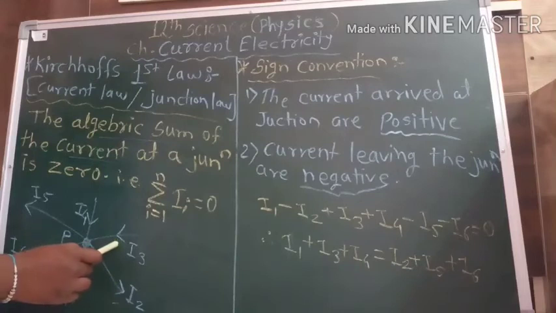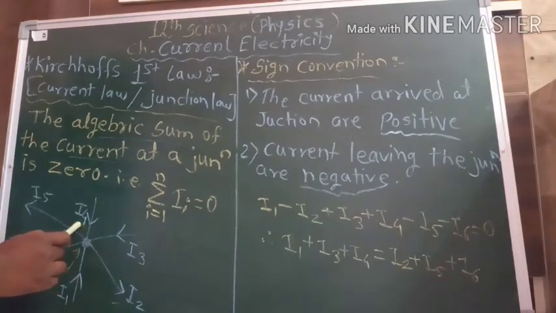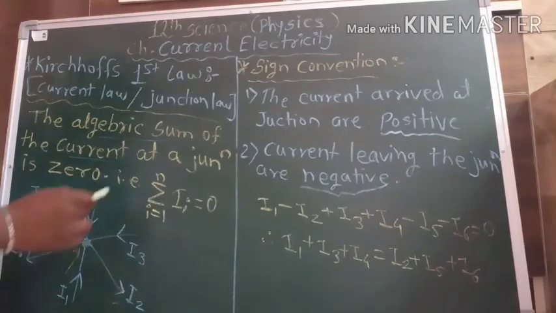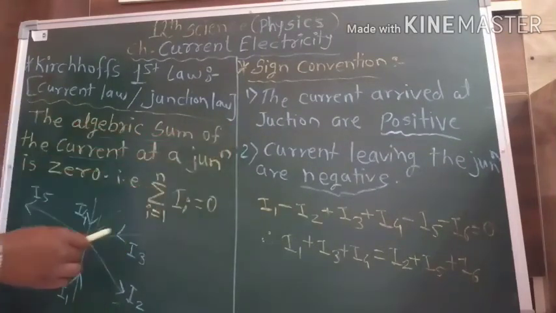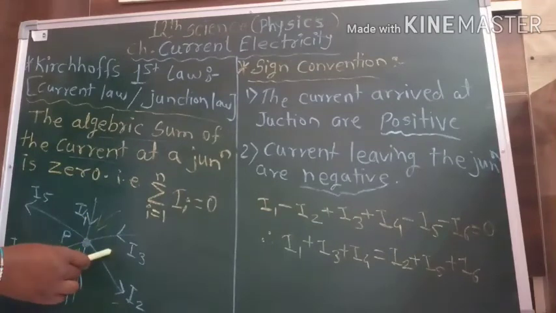The currents I3 and I4 also go towards the junction, therefore by the first convention they are positive I3 and positive I4.